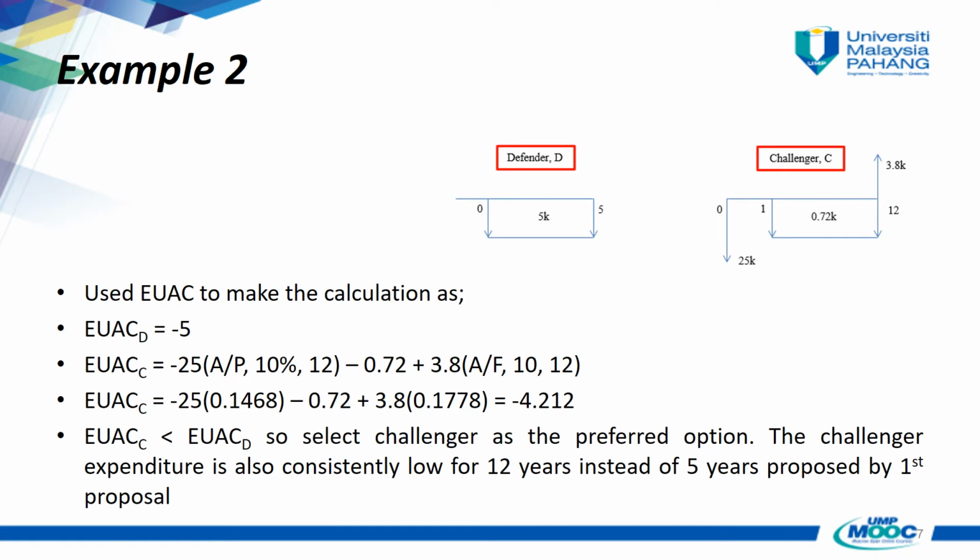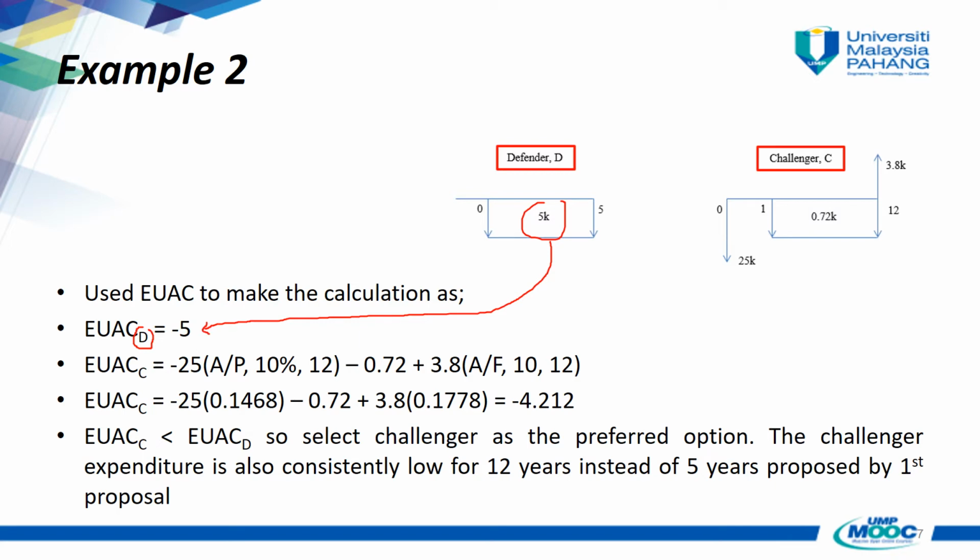So once we have the cash flow diagram, we will use EUAC, equivalent uniform annual cost, to make our calculations. The EUAC for D is straightforward: 5,000, in the form of A per annum, equivalent to negative 5,000.